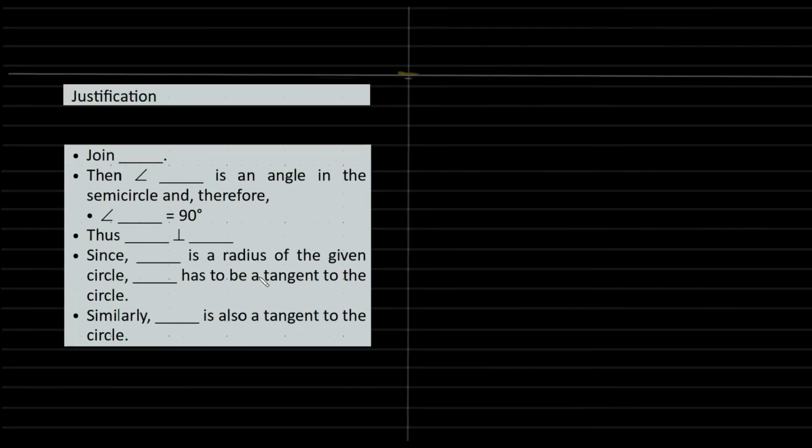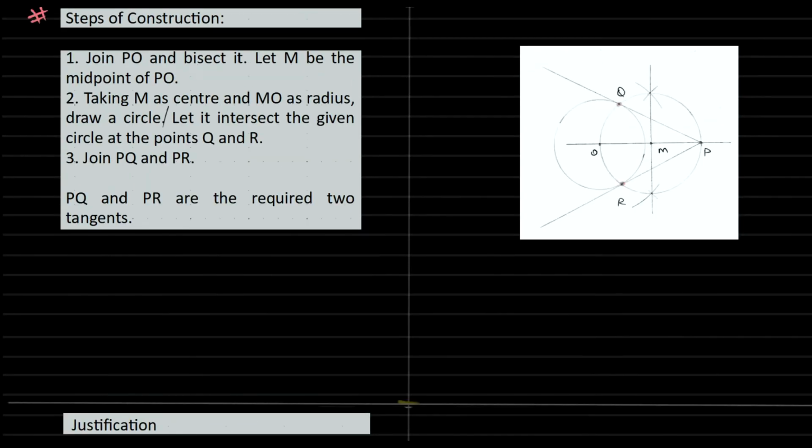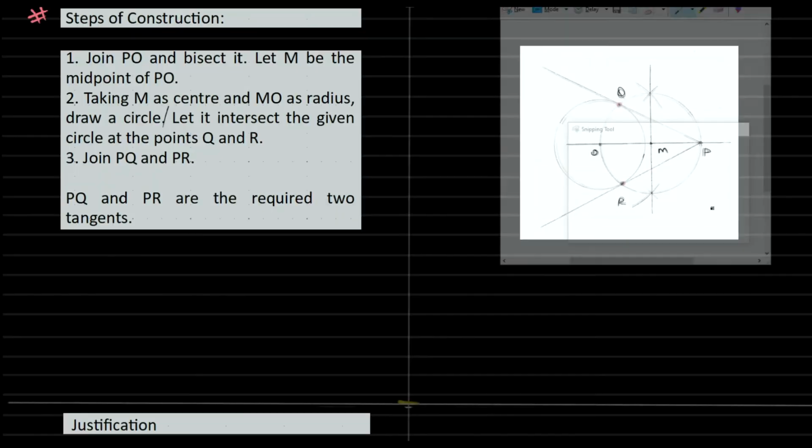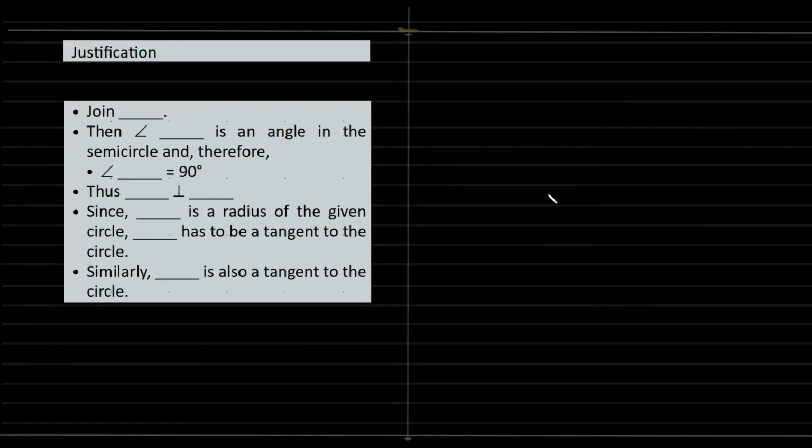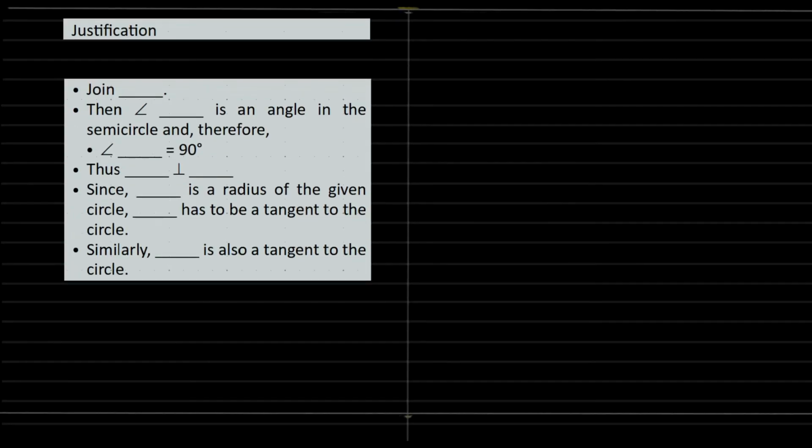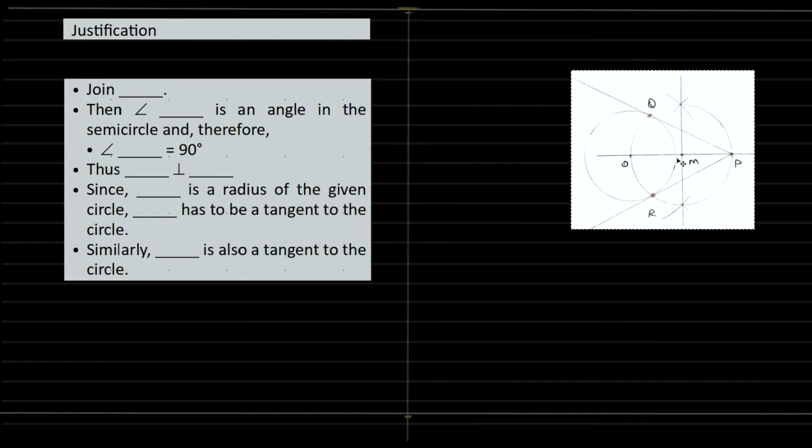Now, justification. Let me copy this for the justification. Only then it will make sense. Justification too is a good thing for you guys. Here too, it's the same set of writing. Justification is to join, say, OR. Join OR.